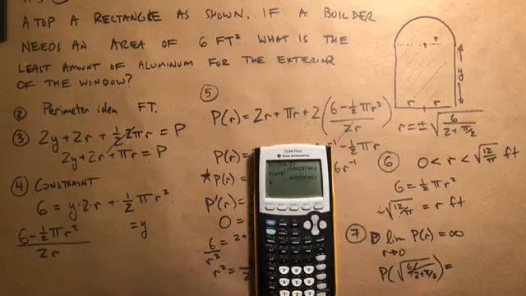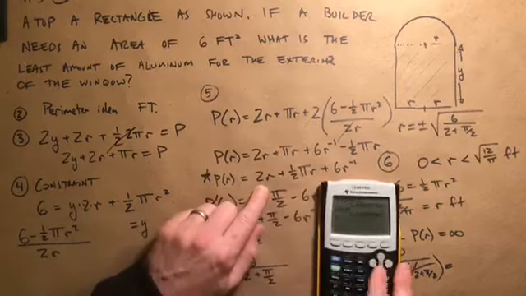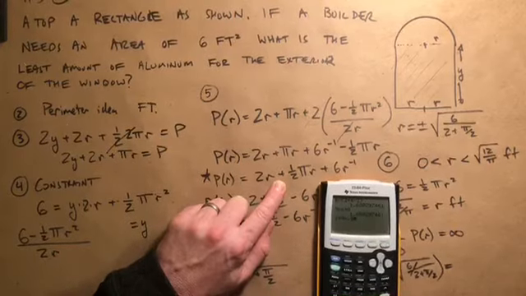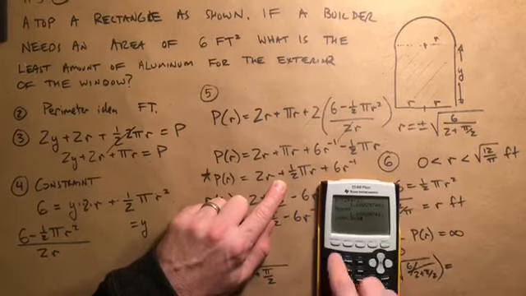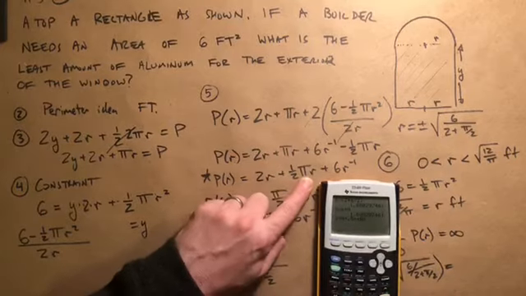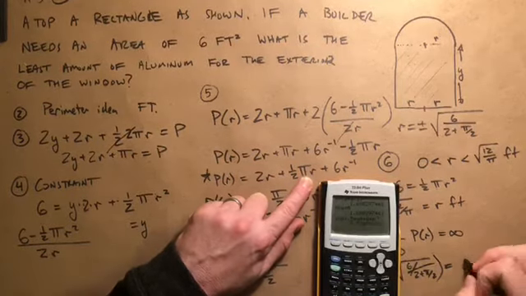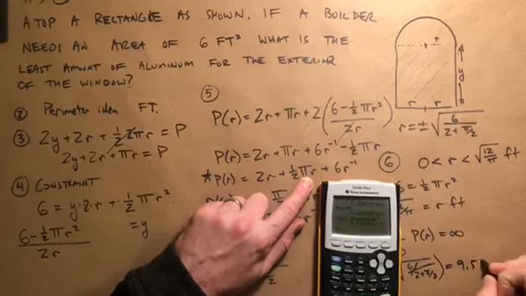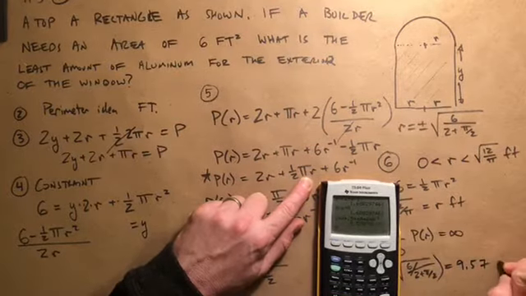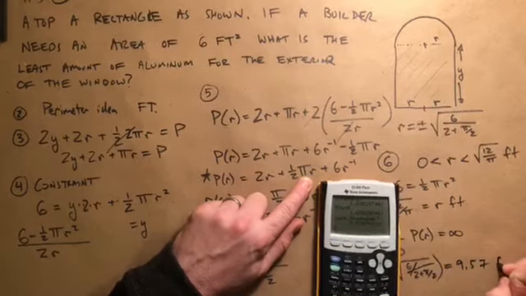I'll store it as a. Then I'll say 2 times a plus 0.5 times pi times my stored value plus 6 times a to the negative first. And I get 9.57, and that's square feet. Or I'm sorry, just feet.